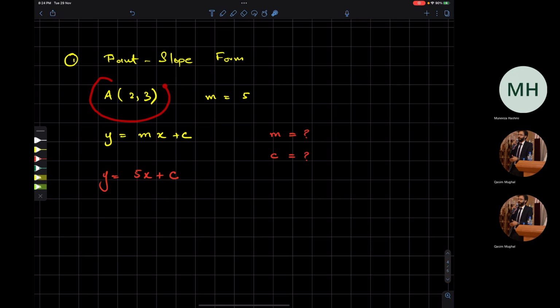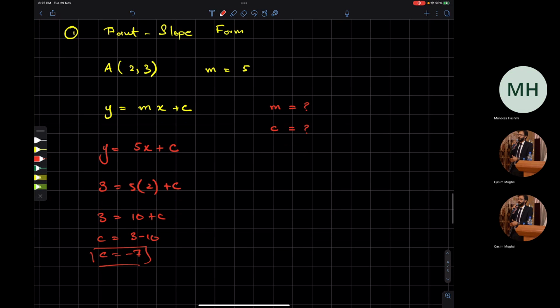I know that the line is passing through this point, so I'm going to plug this point into this equation. And once I do that, I'll be plugging in y and x, and I'll be left with just one unknown, c, and I can easily compute that from there. So y is 3, x is 2, and that's going to be 10, and c would be equal to 3 minus 10, and that's negative 7.